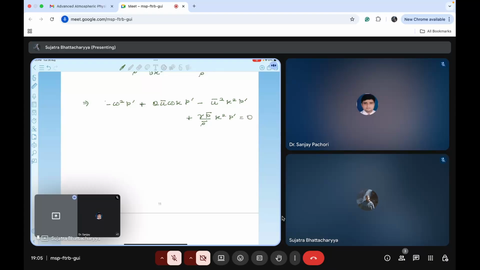From all the terms you can cancel p dash. You can cancel the minus even. So divide by minus p dash.